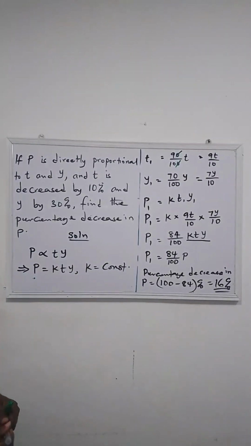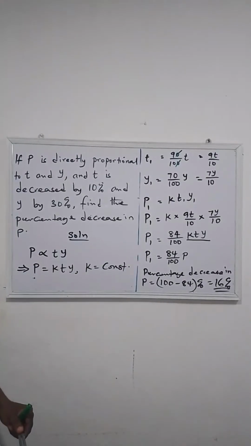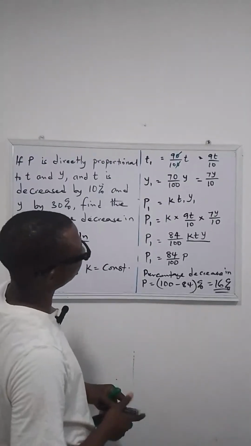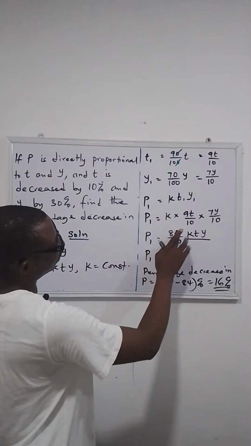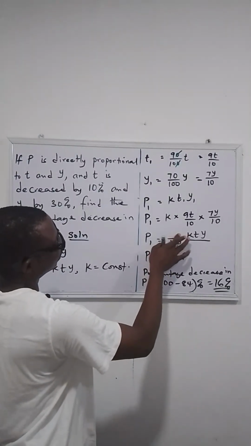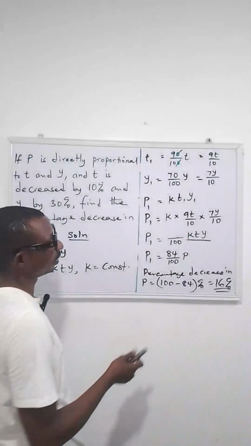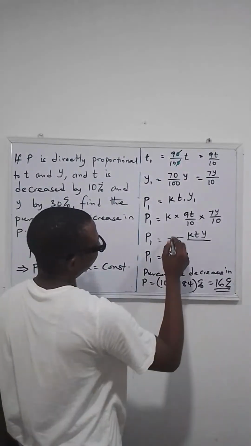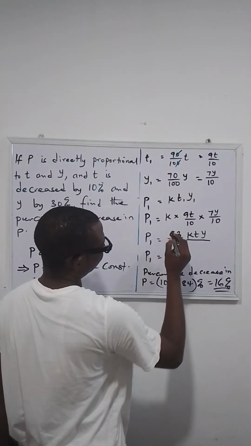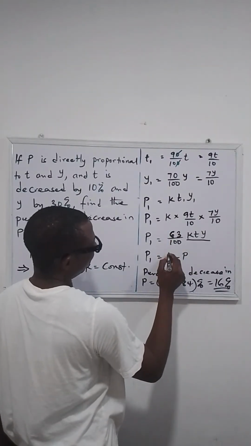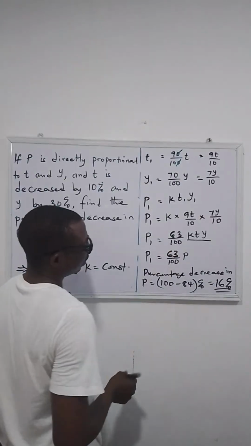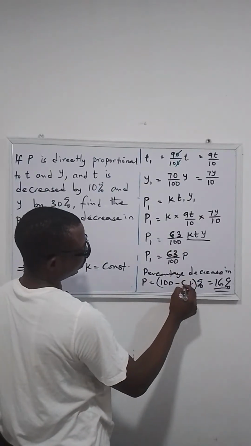Okay, thank you for that observation and the multiplication. That is one reason why whenever you are solving, you have to go through this. So that should be 63. Okay, all right. So we have 63.